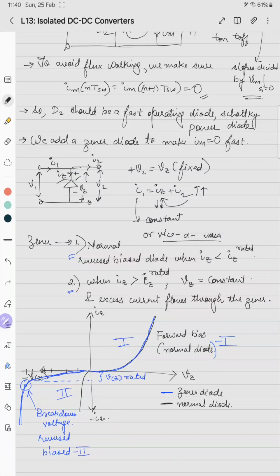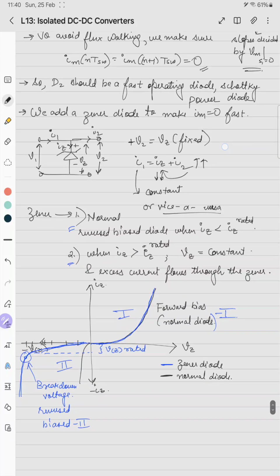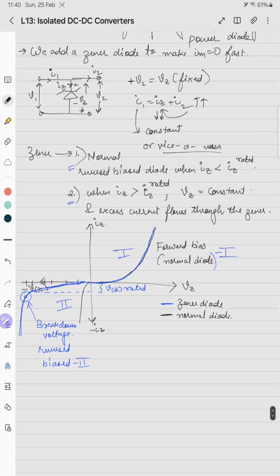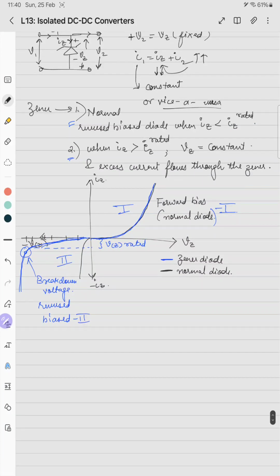It will consume that current to maintain the source current and the load current almost constant, and it will also maintain the voltage across it as constant for a high range of variation of the circuit. This is the Zener breakdown. So we operate our Zener in this region, region number 2.